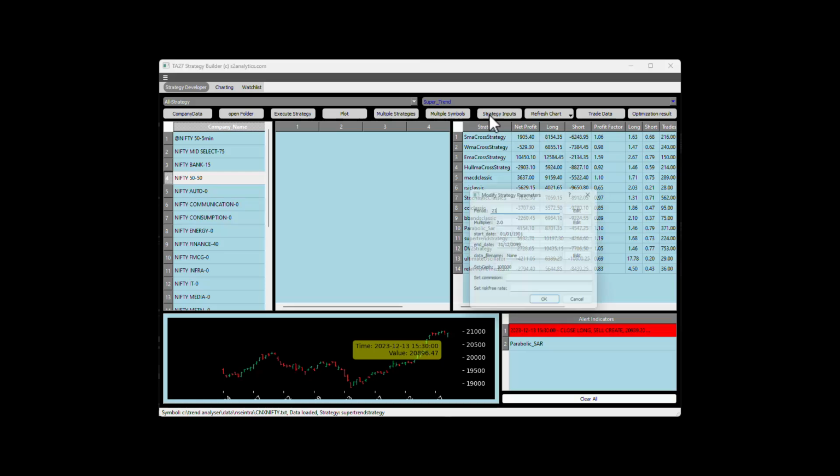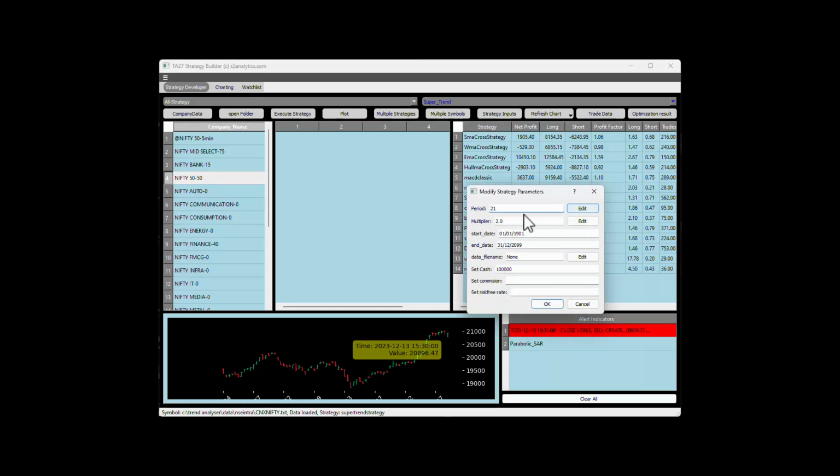So we'll come to strategy inputs and 21 is the value that we processed. We'll just ask it to optimize from 10 to 50. We won't do too much. Too much optimization is not a good idea. And then say okay, wait patiently. It takes a couple of minutes or a little less to optimize.